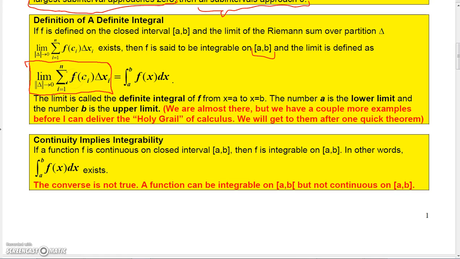And the limit of that Riemann sum as that norm goes to 0 actually leads us to the definite integral.